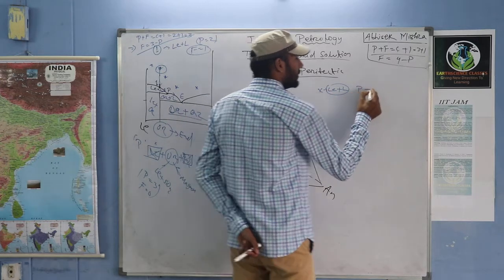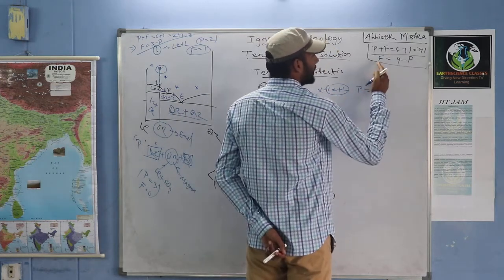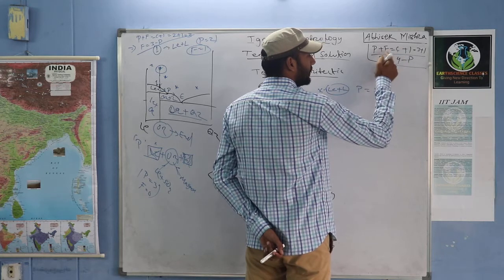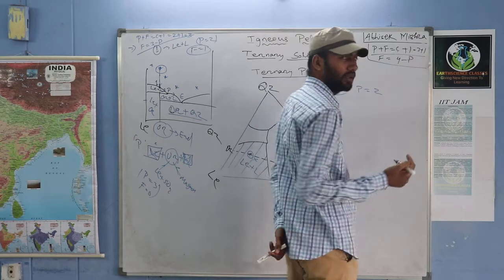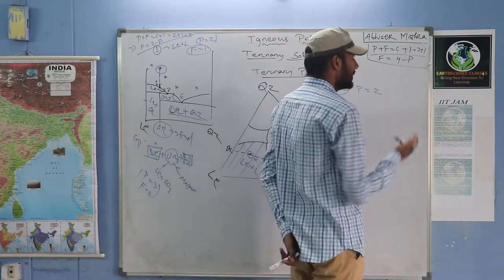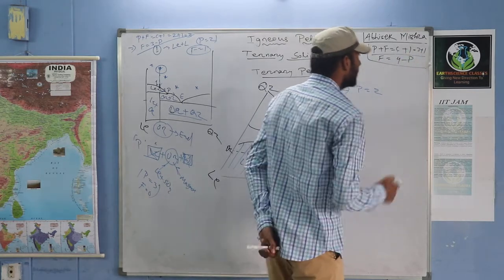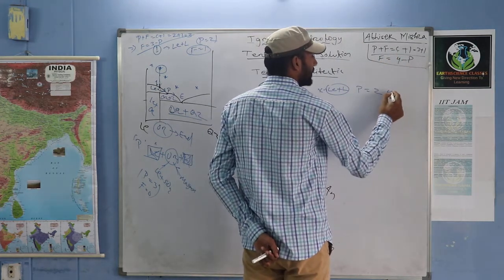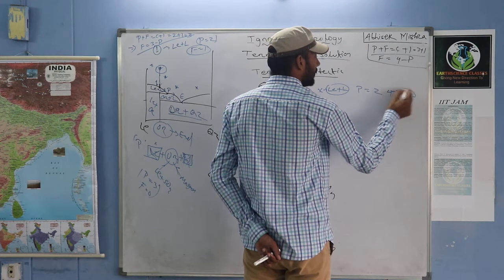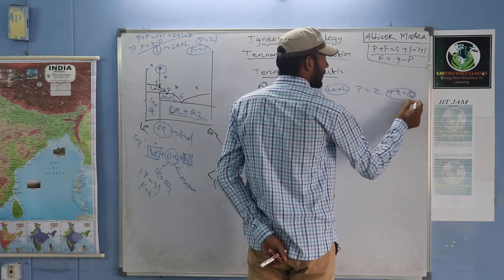So the number of phases is 2, and as you can see, P plus F is equal to C plus 1. Here C is 3, because we are talking about a ternary system, so that is 3 components. So F will be equal to 4 minus P. 4 minus 2 will be equal to 2, that is your degree of freedom.